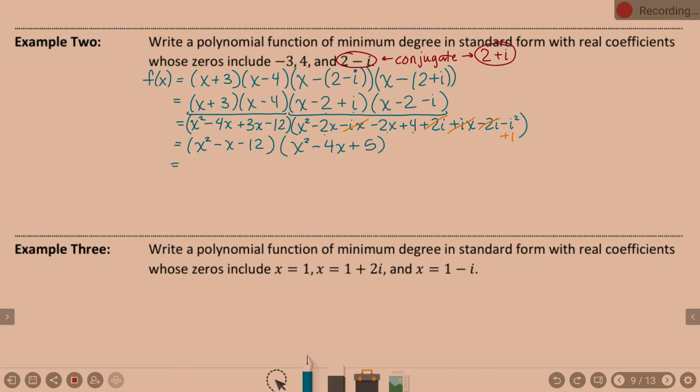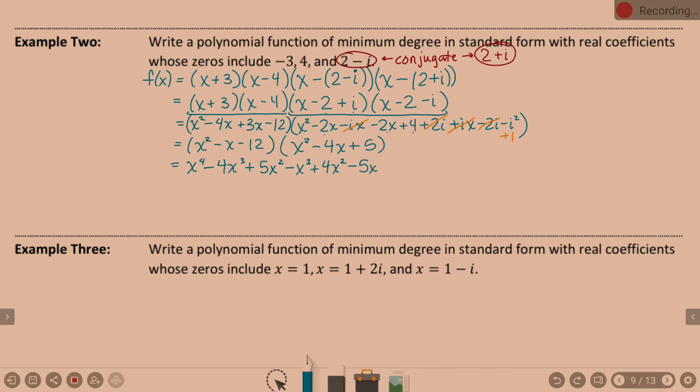I'm going to do x squared times everything in the second parenthesis: x to the fourth minus 4x cubed plus 5x squared. Minus x times everything in the other parenthesis: minus x cubed plus 4x squared minus 5x.